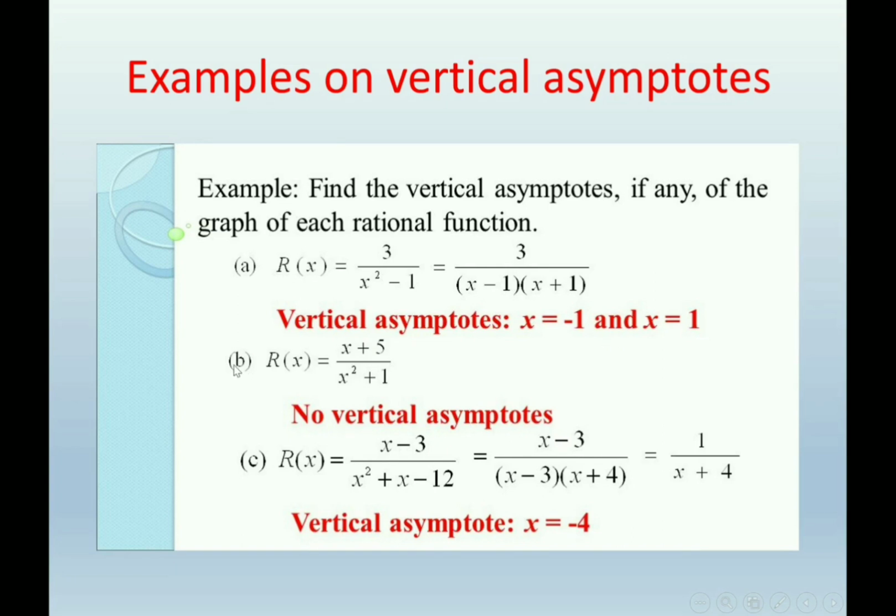In the second example, B, R of x equals x plus 5 over x squared plus 1. You can see that this is not a difference; this is a sum of two squares, which cannot be factorized in the real number set. Because of that, there are no vertical asymptotes.